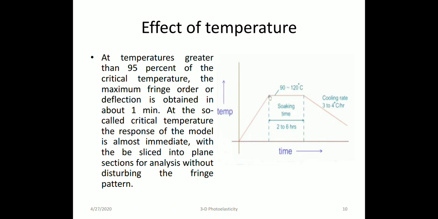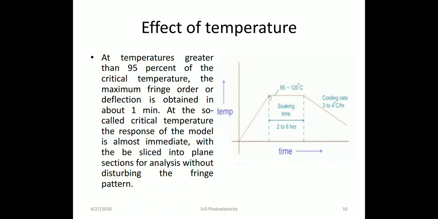What happens at certain temperatures between 90 to 120 degrees Celsius, there will be a sudden, or what we call an immediate, effect of a fringe that can be analyzed at this so-called critical temperature.